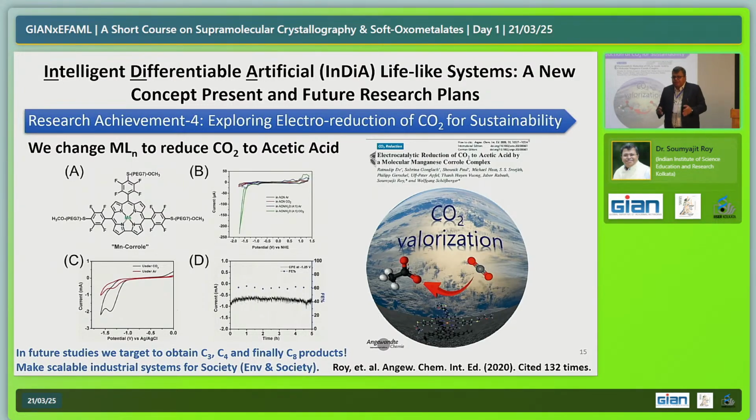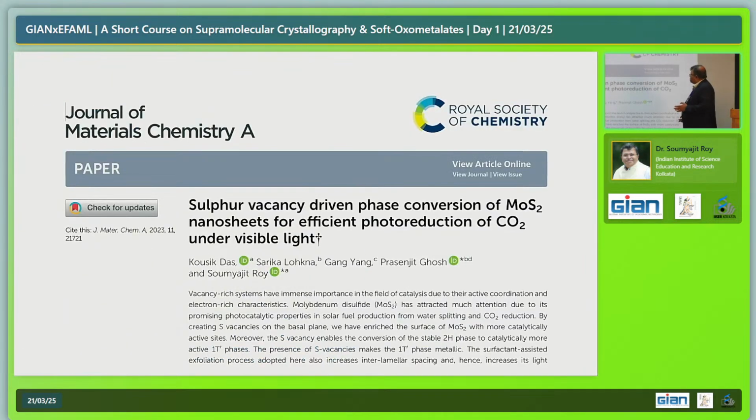And later on, very recently, I will show you, with these type of systems, we thought of changing the systems, and we went on to a different kind of systems with the sulfur containing systems, MoS2 type systems, and we were able to have this sulfur vacancy, and then with this sulfur vacancy you can create electron containing pockets.